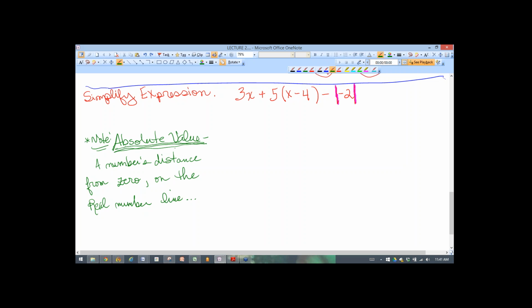Let's just say 1,000 miles. If I travel 1,000 miles on the way, and then I travel 1,000 miles going back home, did I somehow go negative 1,000 miles? Is that possible? No, okay?